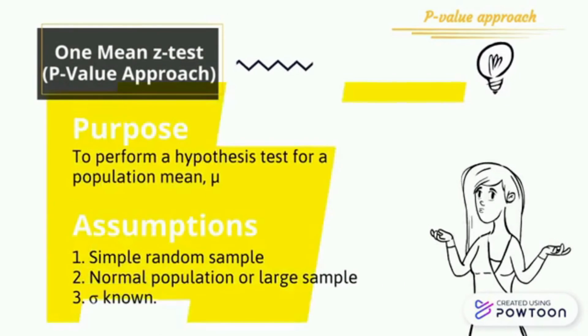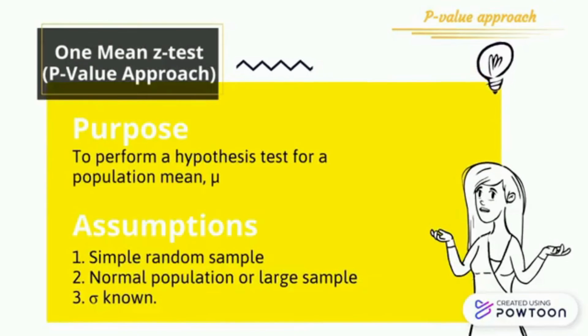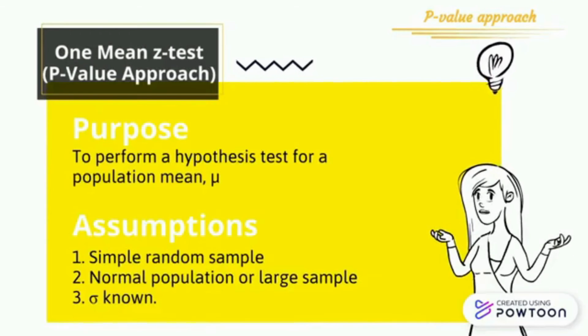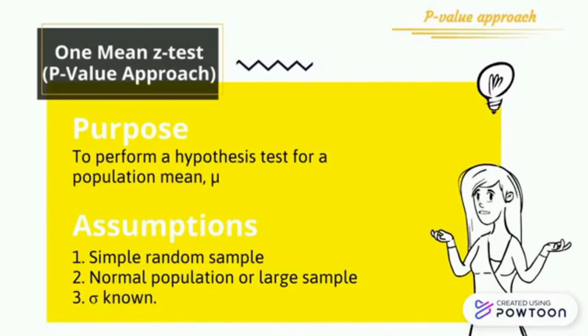To perform a hypothesis test for a population mean, there are some assumptions: a simple random sample, a normal population or a large sample, and the standard deviation is known.